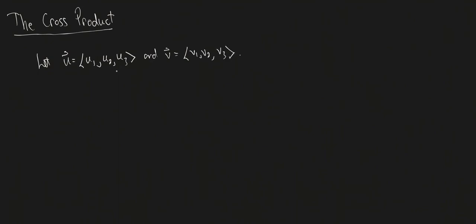So these are two vectors in 3 space. We define the cross product of U and V as follows.